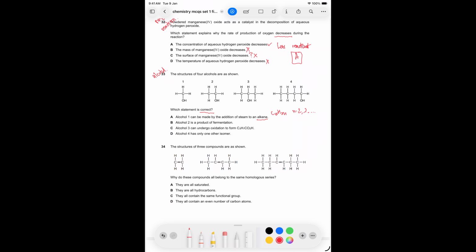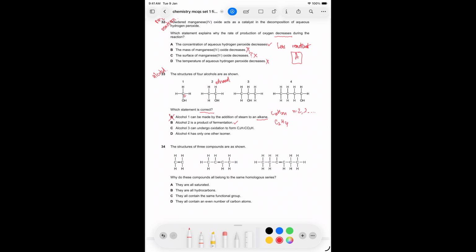The smallest is C2H4, but this is only one carbon, so statement 1 is definitely wrong. You need at least 2 carbons and a C=C double bond. Alcohol 2 is a product of fermentation, so this one is 2 carbon, so it's ethanol.